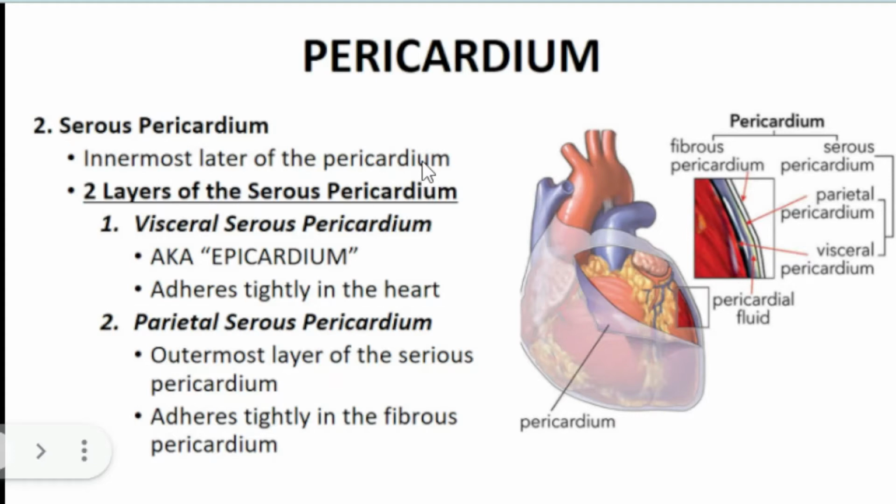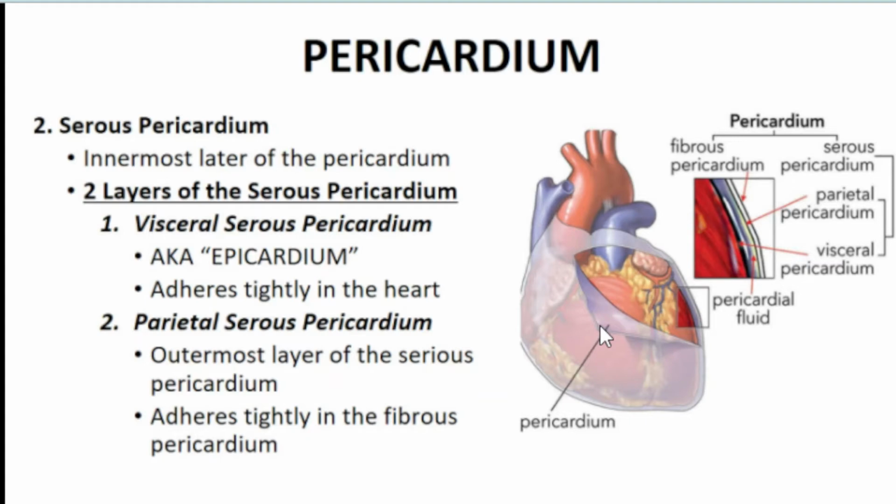Now, the thing is, the serous pericardium is divided into two sub-layers. Those are your visceral and parietal serous pericardium. So, imagine niyo yung inner wall ay nahati sa dalawa. Itong part na ito na nakadikit sa fibrous pericardium at may maiiwan doon na nakadikit kay heart. So yung part na nakadikit kay fibrous pericardium, we call that parietal serous pericardium.